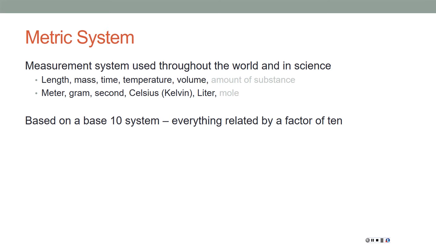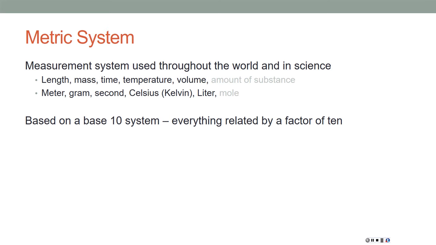The U.S. still uses the English system. The other thing about the metric system I would point out is the fact that it's all based on 10 and it has a relatively small number of units. Whenever you're measuring length, a distance, it's always based in meters.